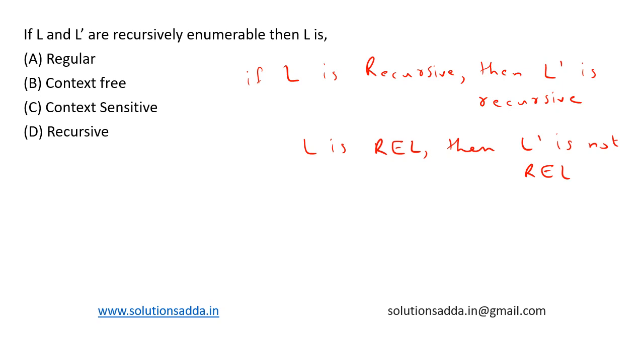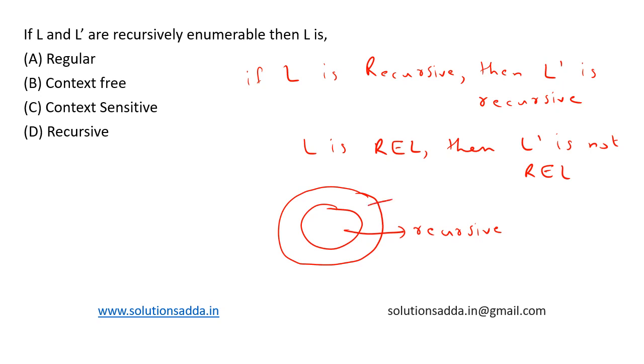This is another property. And the basic structure of the Chomsky hierarchy is that recursive sits inside recursively enumerable languages. So from these basic properties, if L is recursive, then L is also recursively enumerable, and if L complement is recursive, then L complement is also REL.